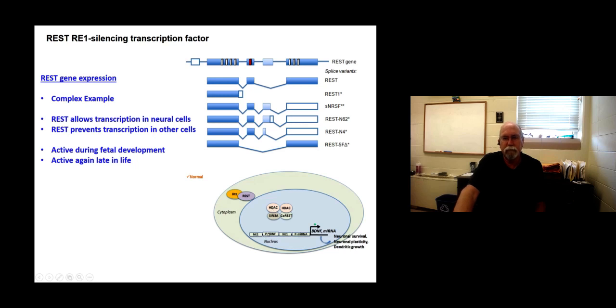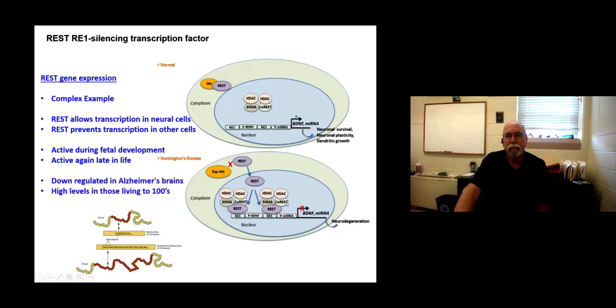Its normal job is to prevent or to silence. Well, if it's attached in a normal system like this, you get transcription, which is important in things like neural cells because neuronal survival, the dendritic growth, and that sort of thing are controlled by genes that are affected by REST. Okay. Now, what happens is that it sometimes becomes a problem, right?